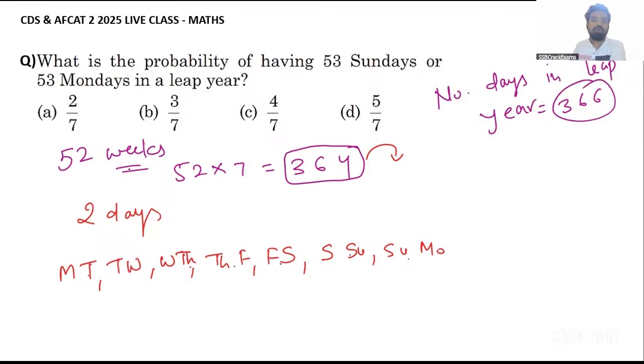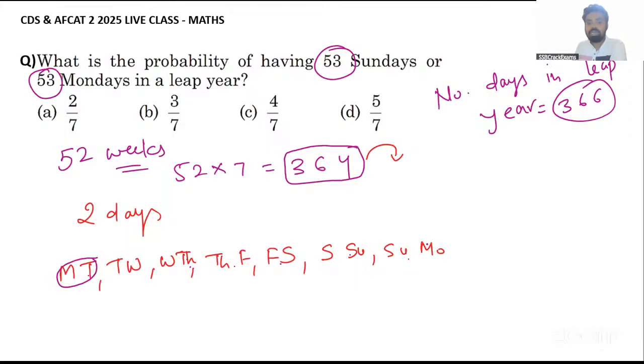Okay. So it is saying 53 Sundays or 53 Mondays. Here it is "or". Remember, 53 Sundays or 53 Mondays in a year. If there are already 52 Sundays and 52 Mondays, then Monday can come in this situation, but then there will not be Sunday.